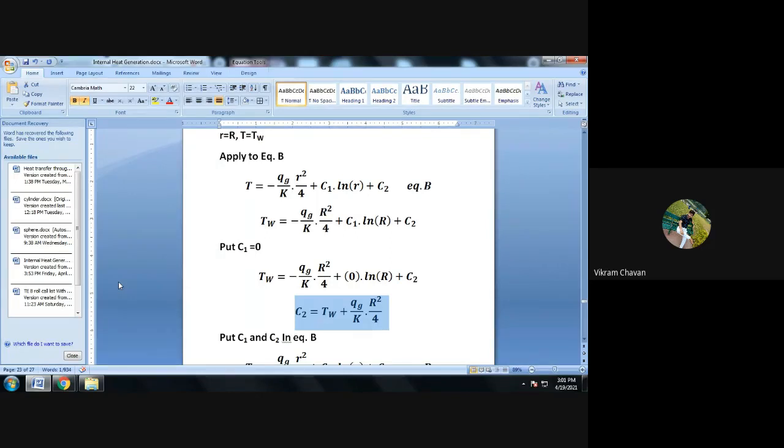C1 we have calculated initially. C1 is equal to 0 by applying the first boundary condition. Now we have applied the second boundary condition, that when r is equal to capital R, at that time T is equal to Tw.